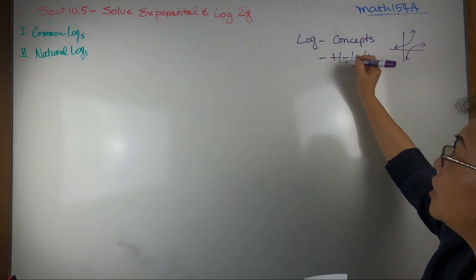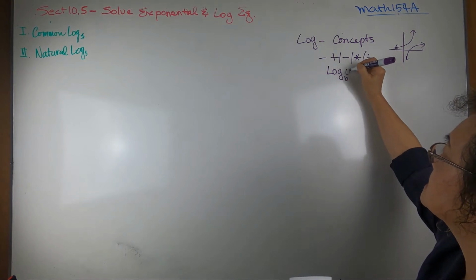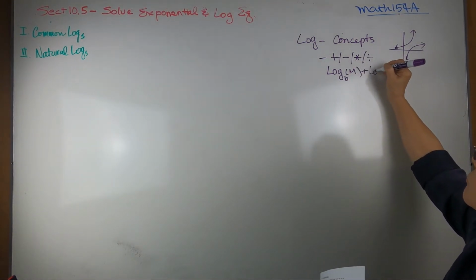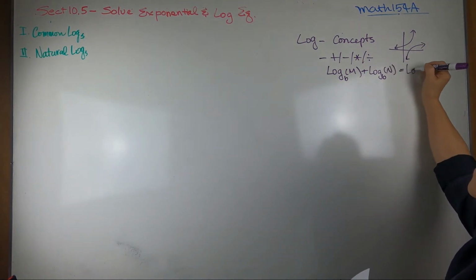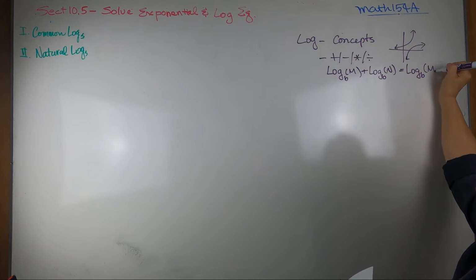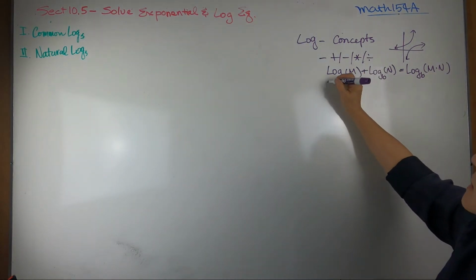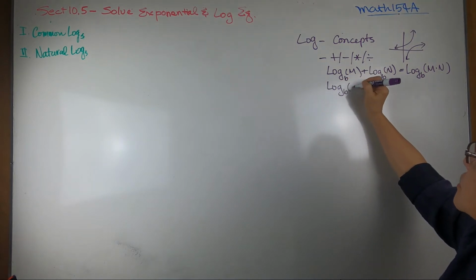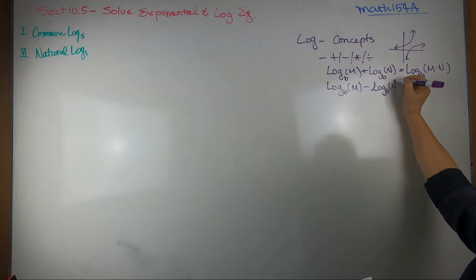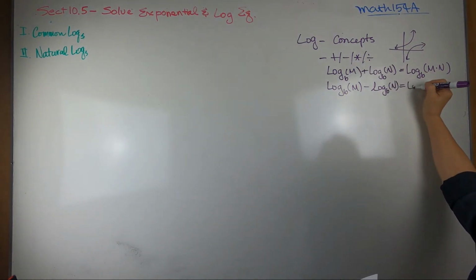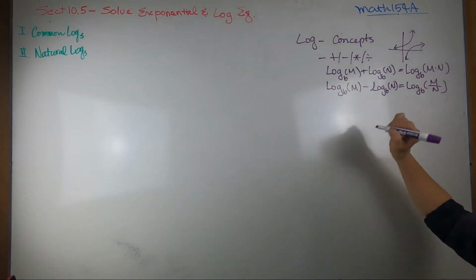So for log, to write in one log, if we have the same base and we add two logs, we multiply the inside. If we subtract them, then we write in one log and divide the inside.